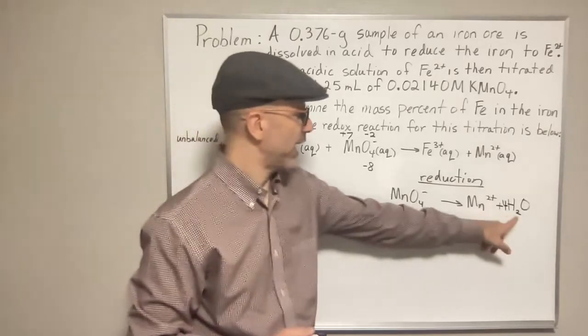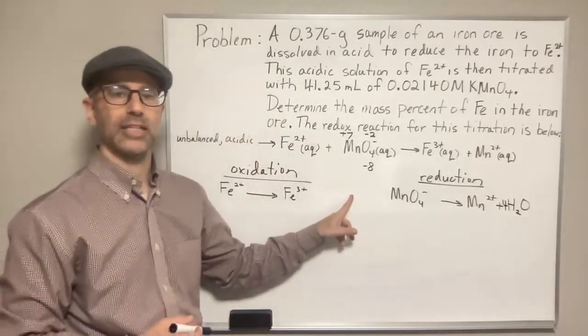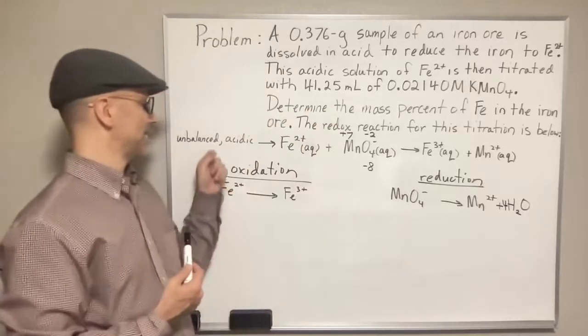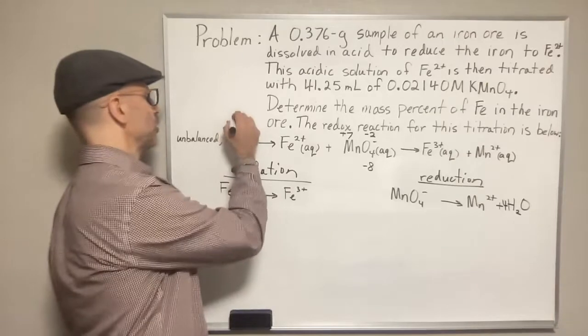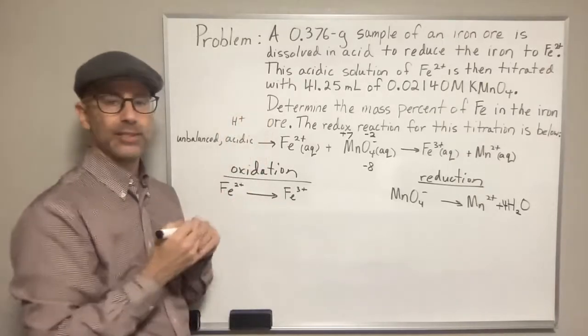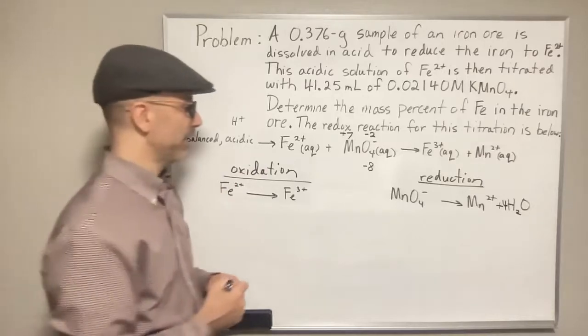But now you'll notice I have eight hydrogens on this side, but I don't have any hydrogens on this side. This is where the acidic solution comes in. Acidic means you have H plus ions floating around in solution, so those are going to end up being part of the reaction as well.